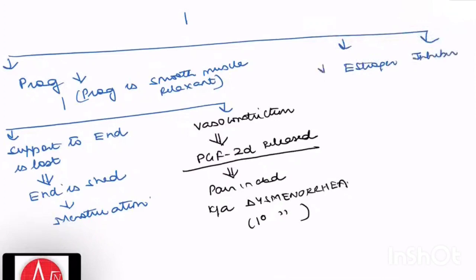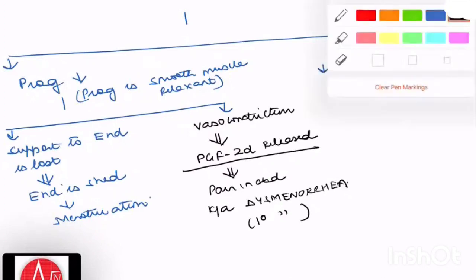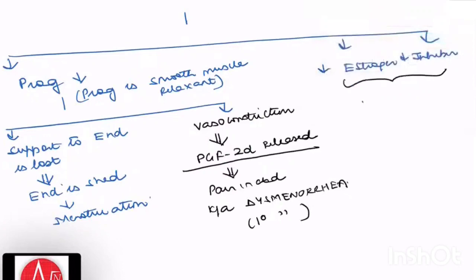Now, because estrogen and inhibin, they are also decreasing, so now the negative feedback on FSH is lost.